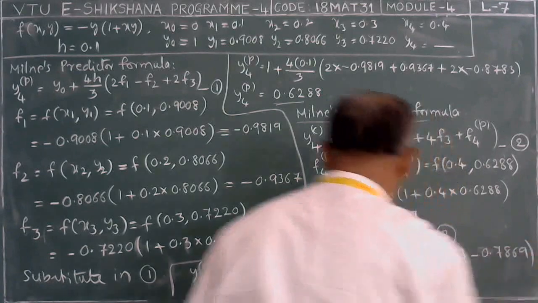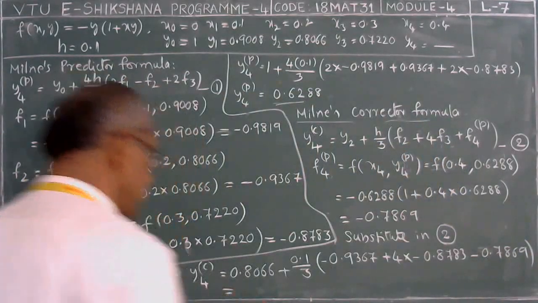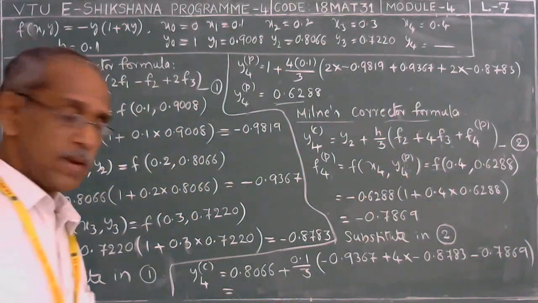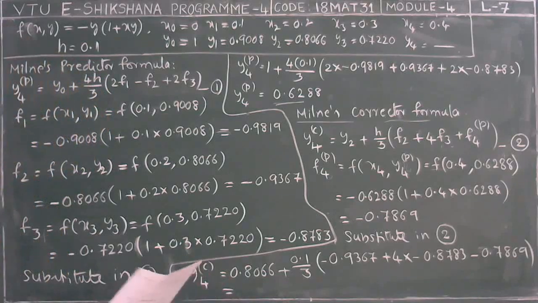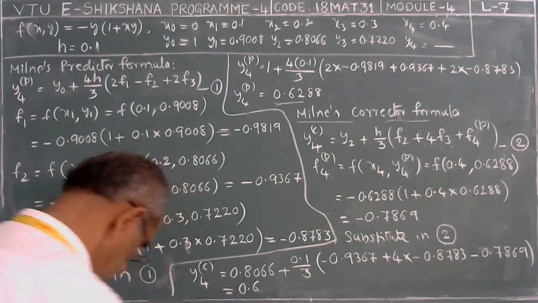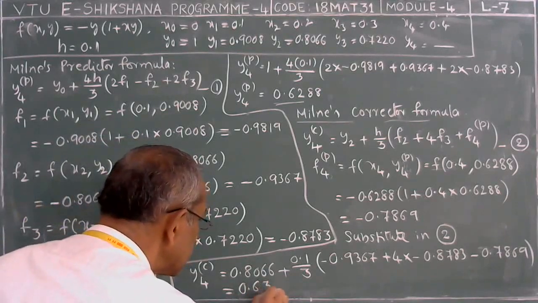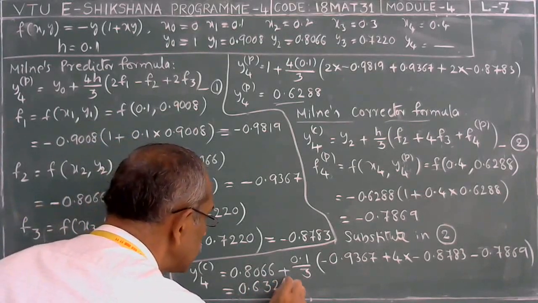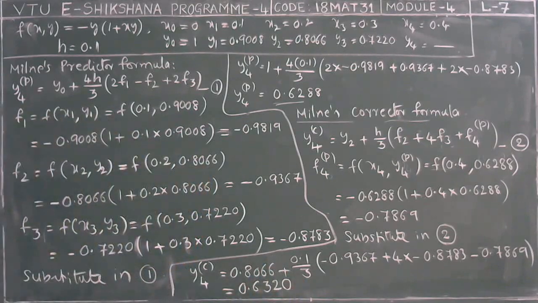If you compute this, you get 0.6320. This is the corrected value.